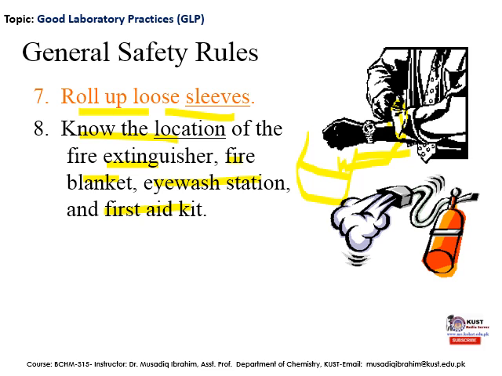So if there is a cut or bruise on the hand or anywhere in the body, then you should be able to use the first aid kit, and you should know where the first aid kit is in the lab. So these are very important things, like the fire extinguisher, the fire blanket, the eye wash station, the first aid kit, and they are always available in the lab.